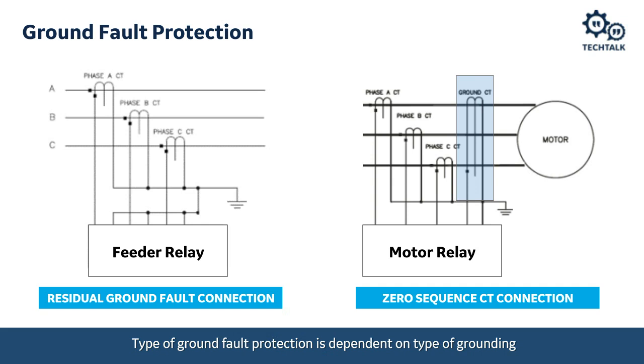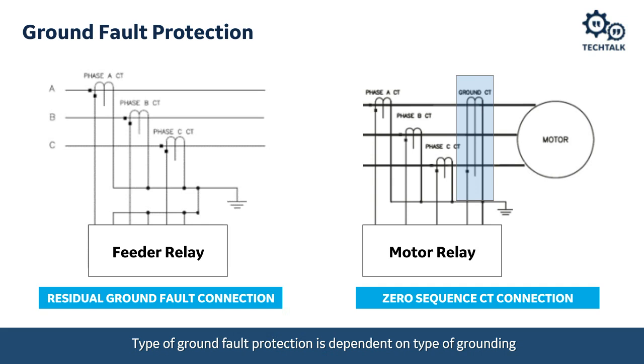The other way that we can do this is with the zero sequence CT connection that I show on the right. Now the zero sequence CT is different because it's going to be a large CT, and that CT will encompass all three of the phases.